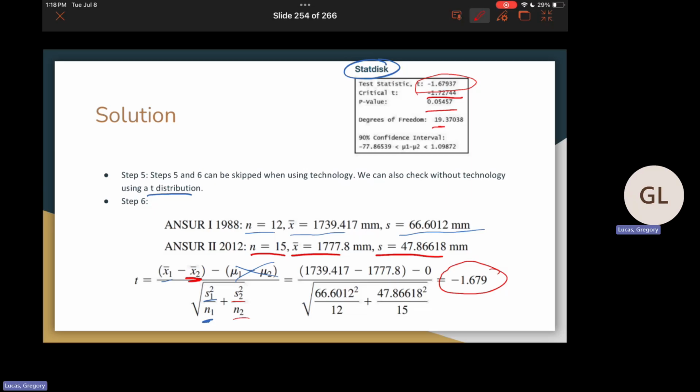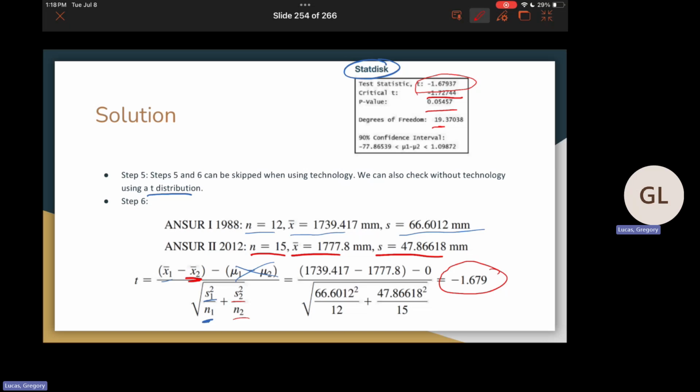So if we use the method I stated before, you just take the smaller degrees of freedom, which would be 11. 12 minus 1 is 11. That's smaller than 15 minus 1. So if you use degrees of freedom of 11, you should still get the same answer. The numbers are going to be different, but you should still get the same answer.